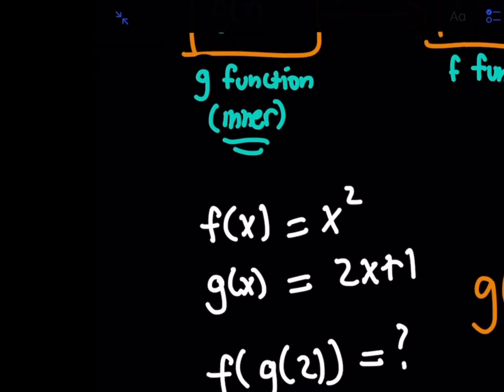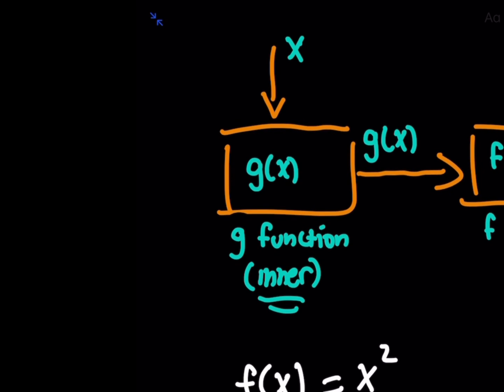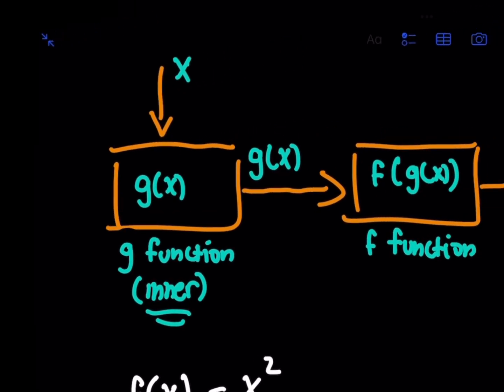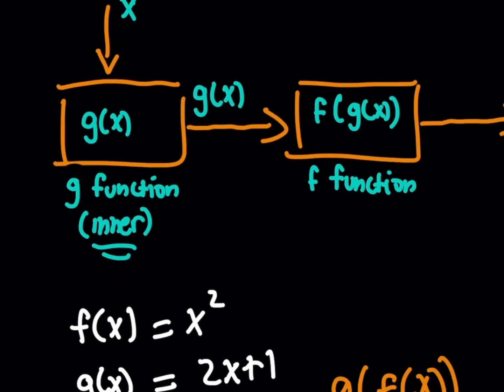And so if we have an example problem to solve, say for example we have f of x equals x squared, g of x equals 2x plus 1, and we want to solve the expression f of g of 2. Going back to the boxcar, we start on the very left-hand side. The very first step we begin with is evaluating the g of x function, which is 2x plus 1, by plugging in that value of x, which is 2.